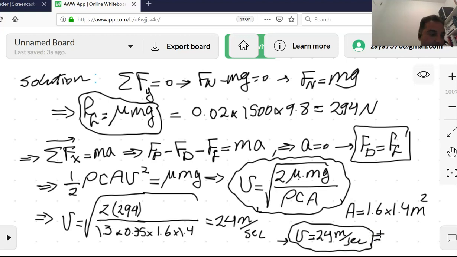So if I find it in miles per hour, it becomes 24 times, divided by 1609, correct? Let me see.